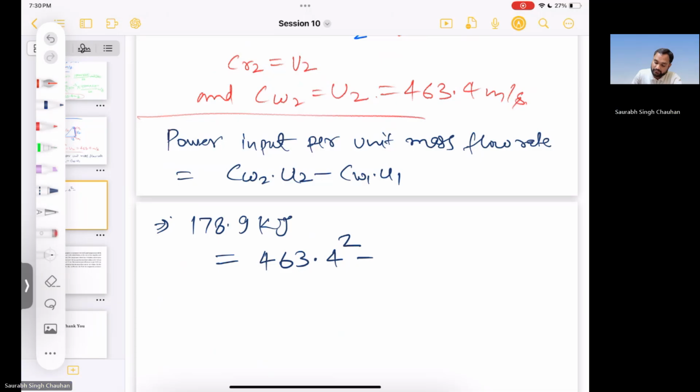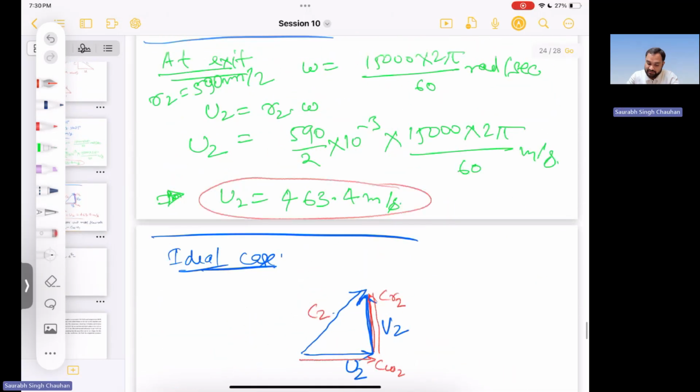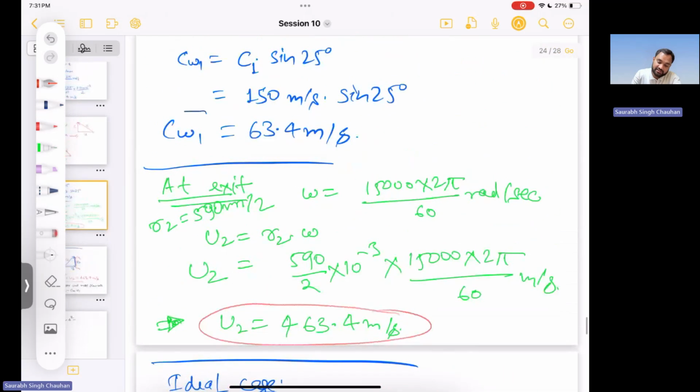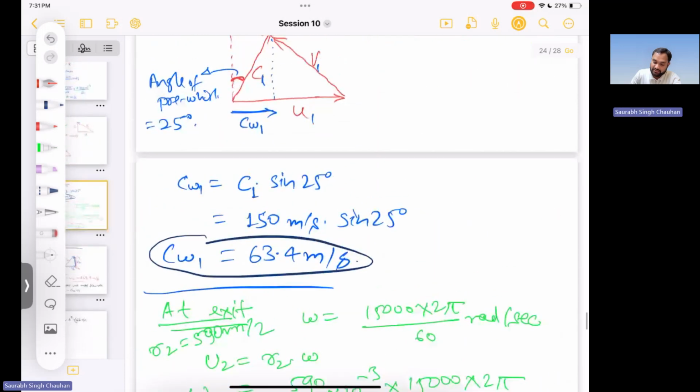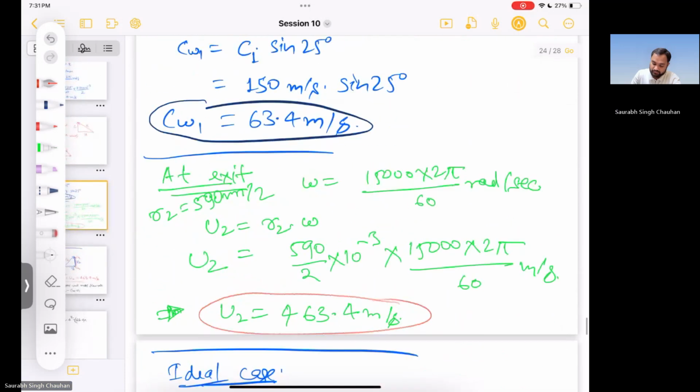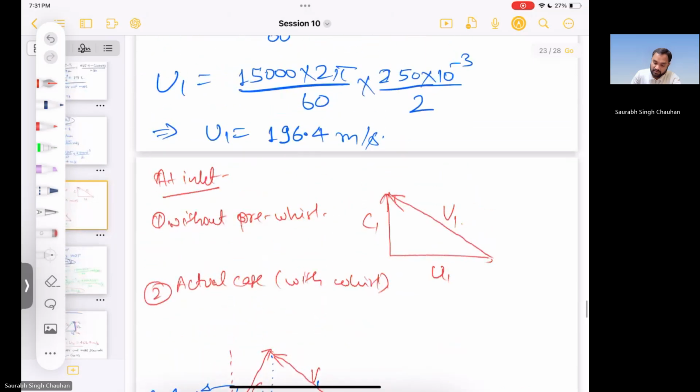minus C1. How much is C1? C1 is 63.4, times U1. How much is U1? U1 is 196.4.